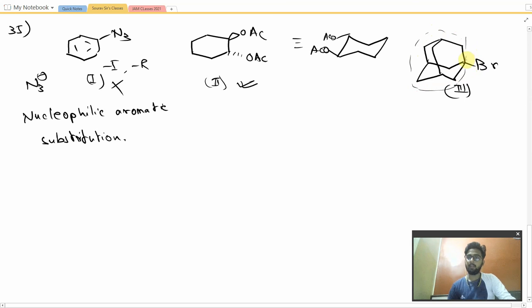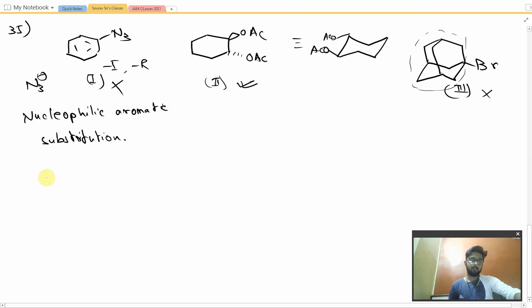And SN1 is also not possible, because though the carbocation that is formed is extremely stable, being a 3-degree carbocation, if the carbocation is formed, this would disobey Bredt's rule, which is not allowed, because of the bridgehead carbon that is present. So the 3 won't be formed under nucleophilic substitution.